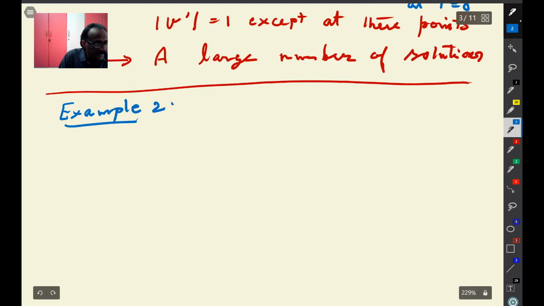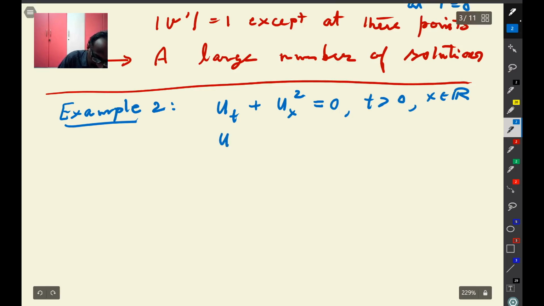Example 2. Here I am looking for u_t plus u_x squared equal to 0, for t greater than 0 and x in R. This equation is a little more general. And I will have an initial condition, the initial value problem.